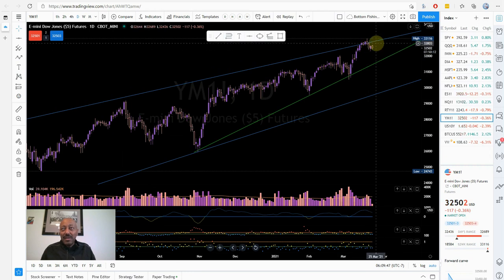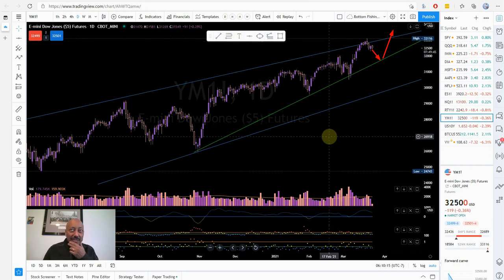So it's very healthy for the market to come down, test these lows here, test this green line, my daily trend line, test that low to reverse back up above. So it's a very healthy condition. I'm not concerned there.